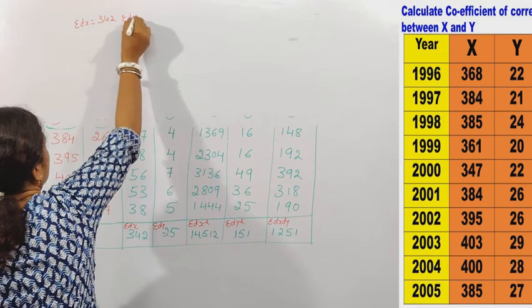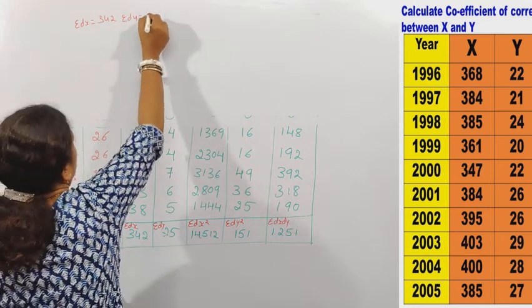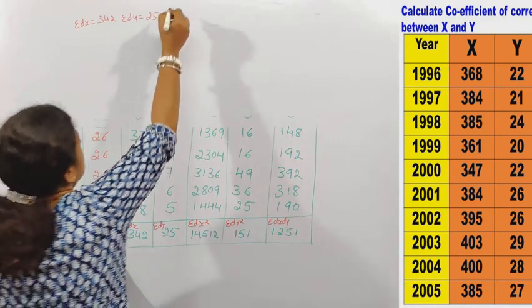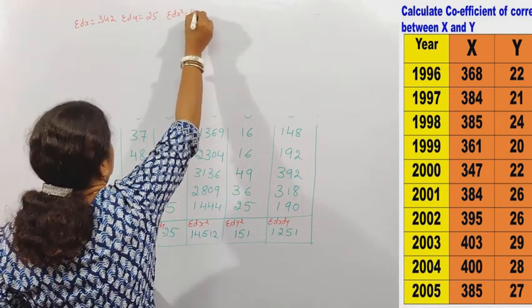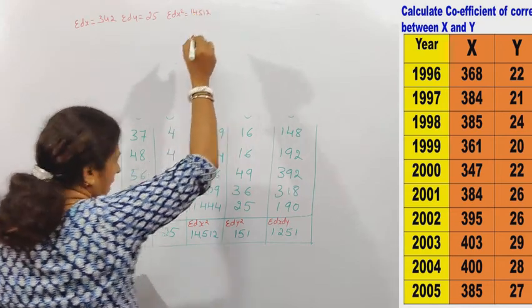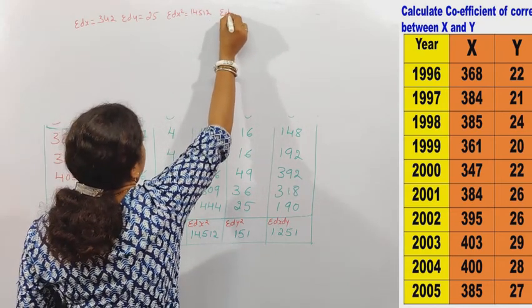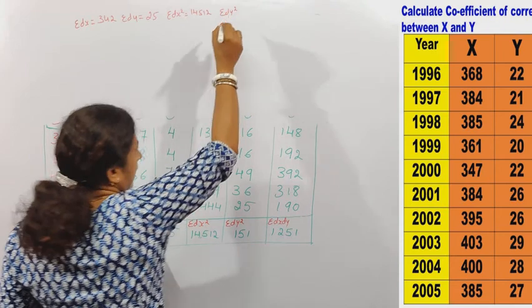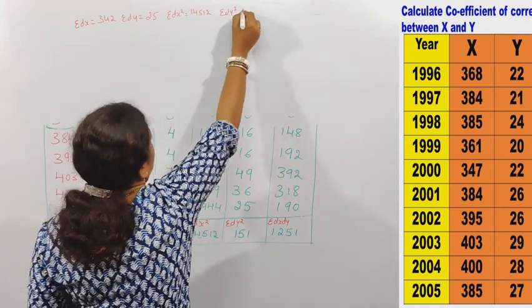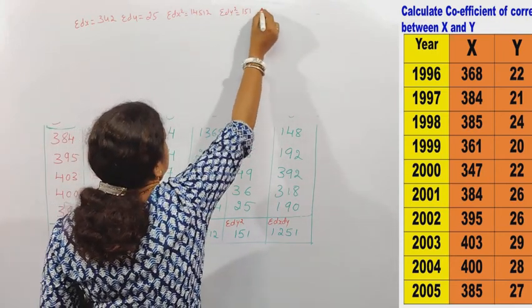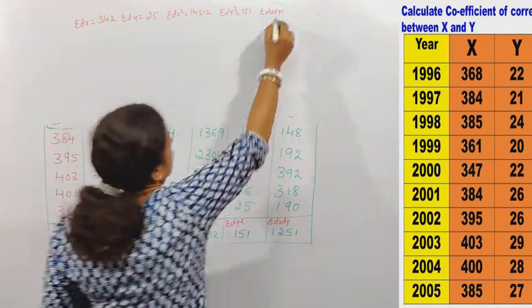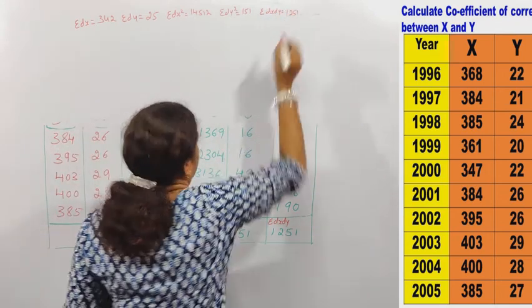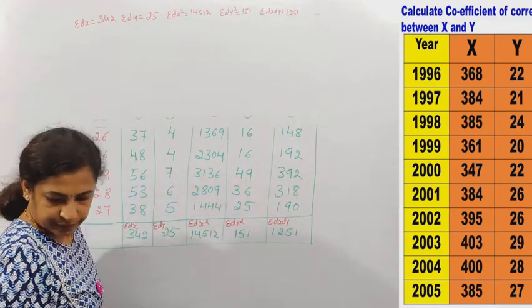Sum of dy is equal to 25. Sum of dx square is equal to 14,512. Sum of dy square is equal to 151. Sum of dx dy is equal to 1251. Okay.